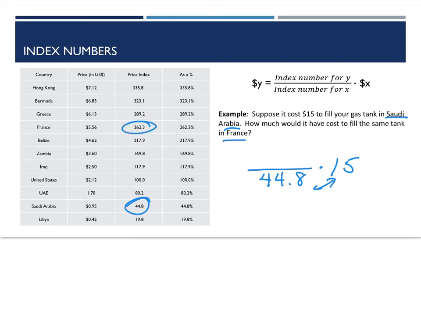I want the price index for France. 262.3 divided by 44.8 times 15 tells me, France is a lot more expensive than Saudi Arabia. This is going to cost me $87.82 to fill up that gas tank. Whew. Might as well take the metro.